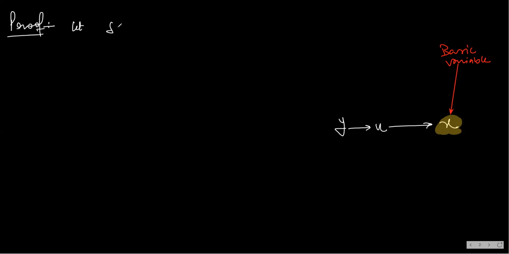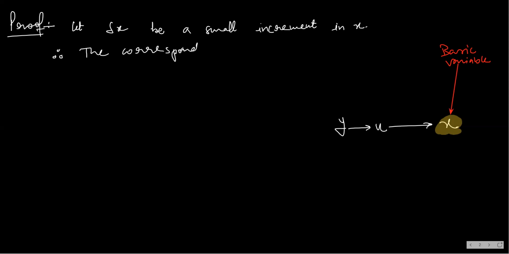Let delta x be a small increment in x. Therefore, the corresponding increments in u and y are delta u and delta y respectively.